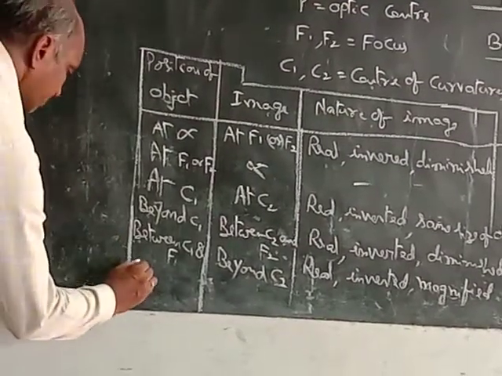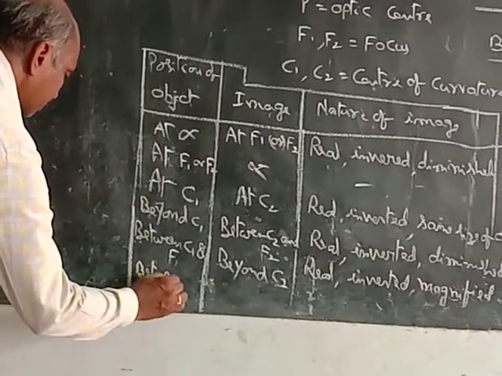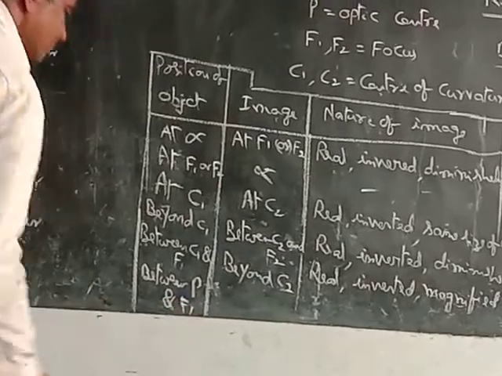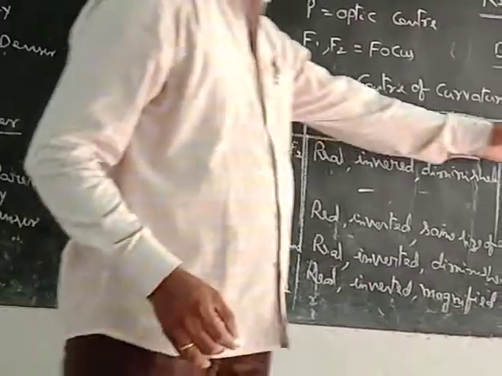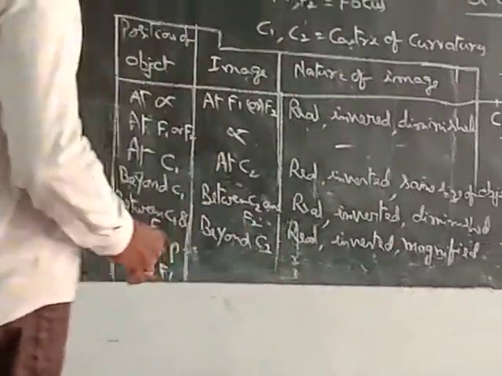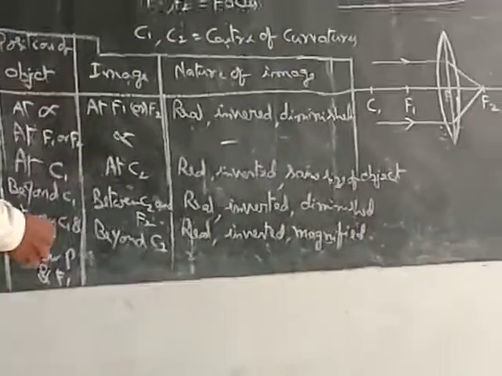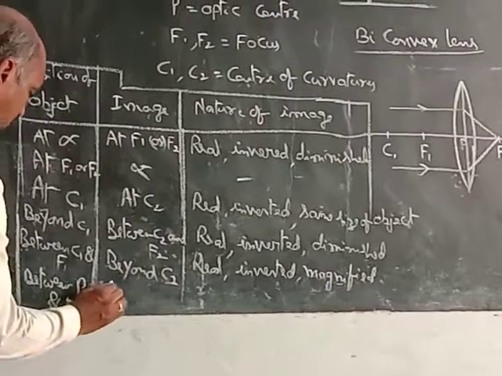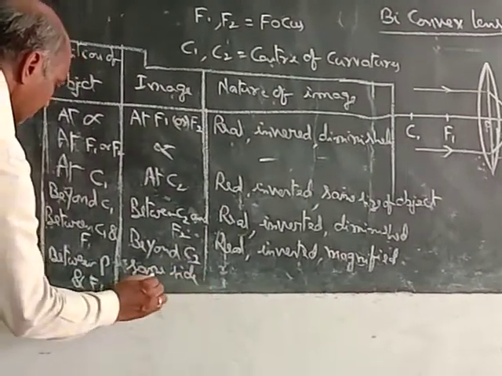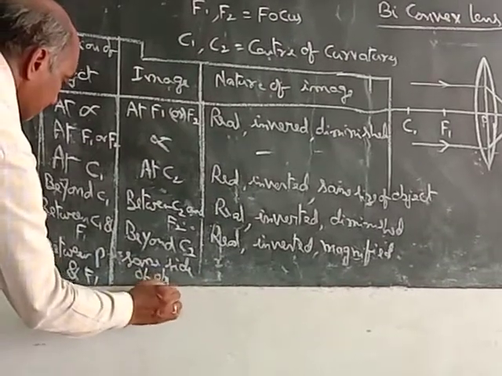In between P and F1. That means optic center and focus. Either P and F1 or P and F2. Image is formed on the same side of the object.